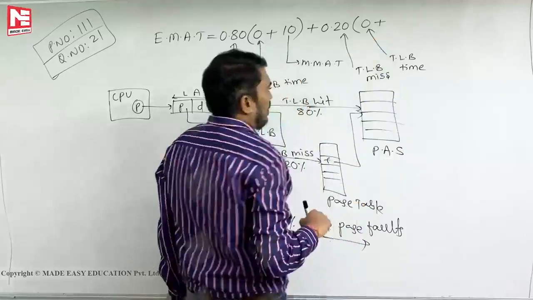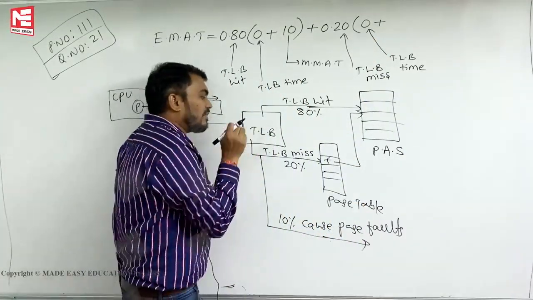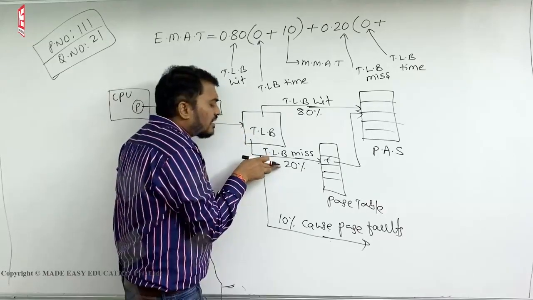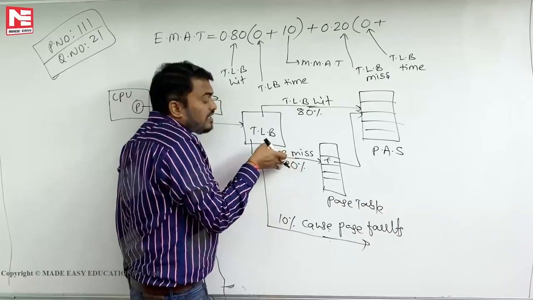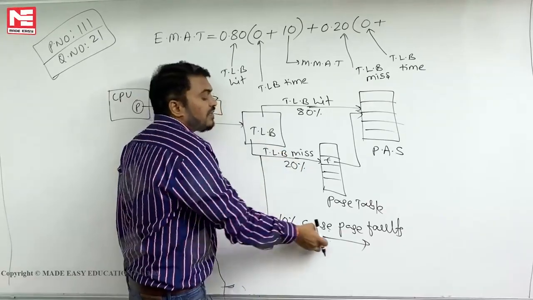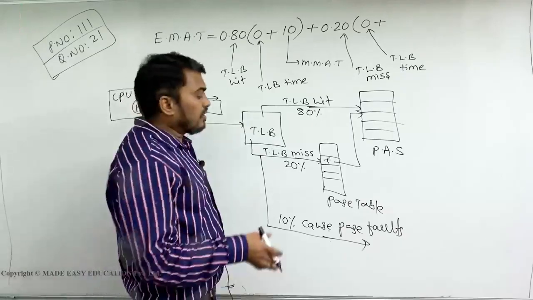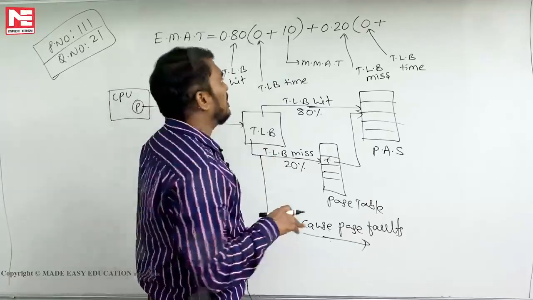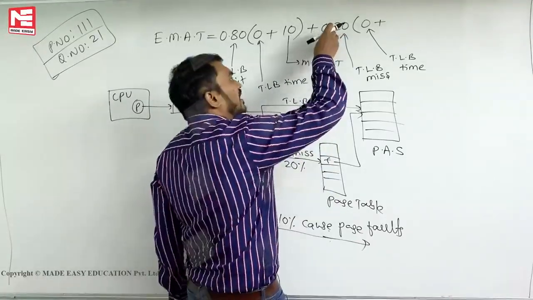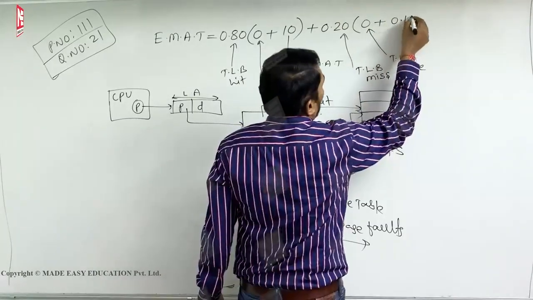Now look here. If it is missing the TLB, you are already accessing the TLB. In this 20% TLB miss, 10% are causing page faults. So that is 0.10.